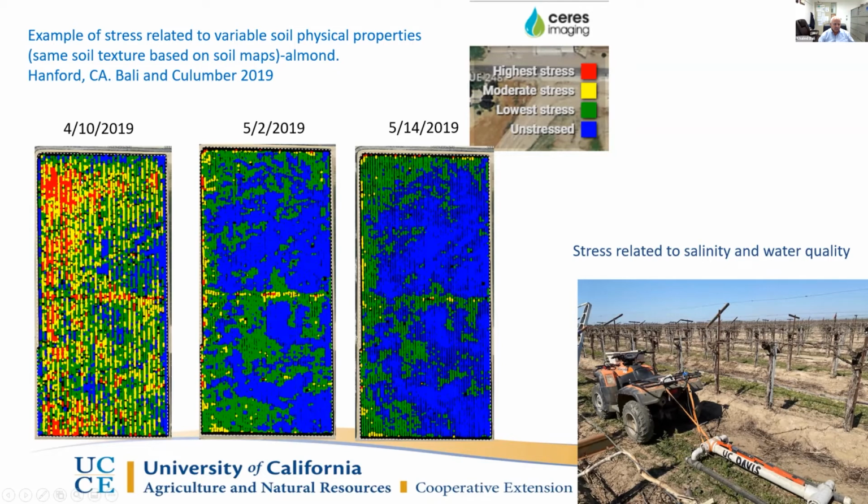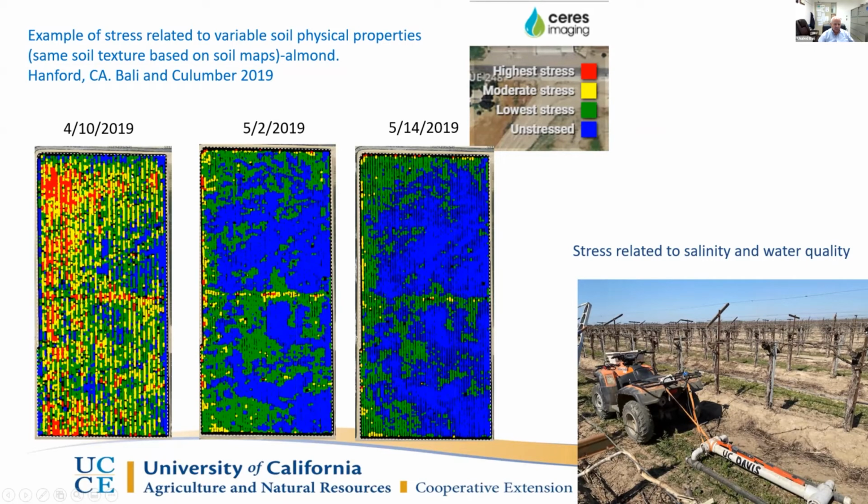This is in April. If you look at the red and the yellow, it says high stress and moderate stress. The green and the blue are trees that are doing well. So when I get an image like this, I see I have areas in my field that are relatively stressed.